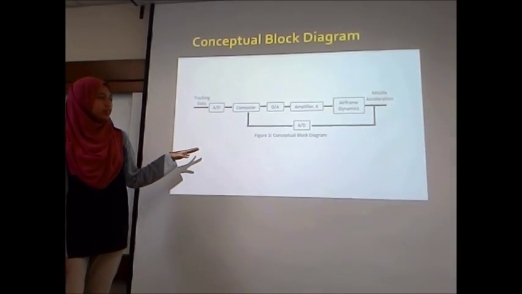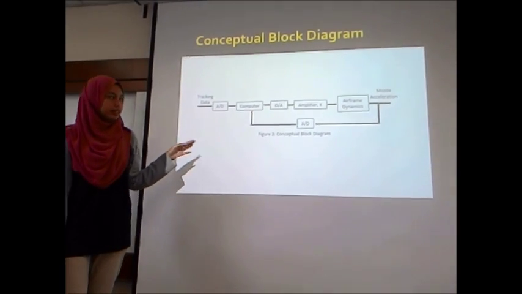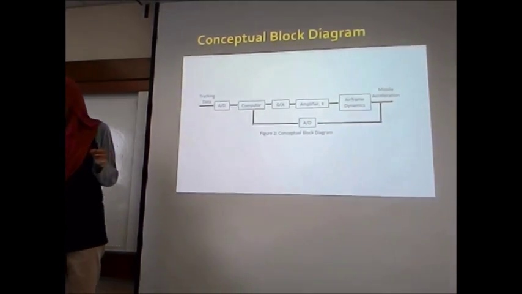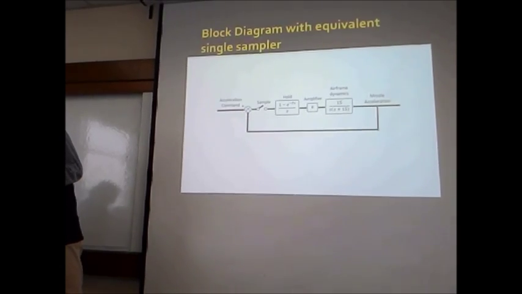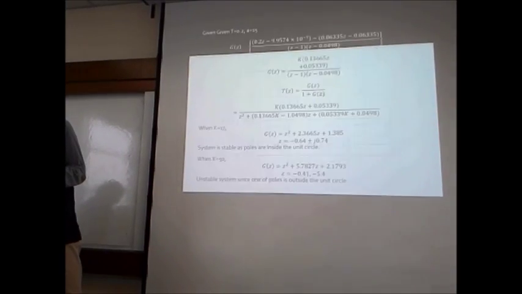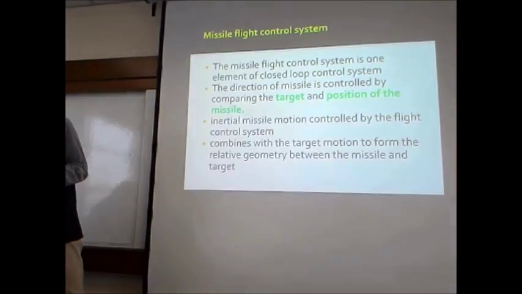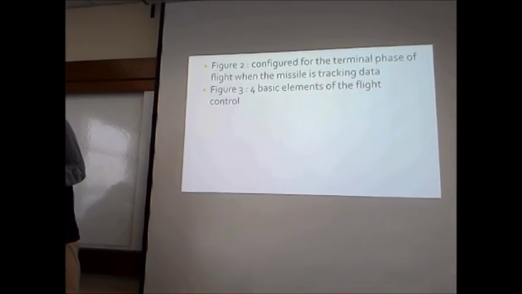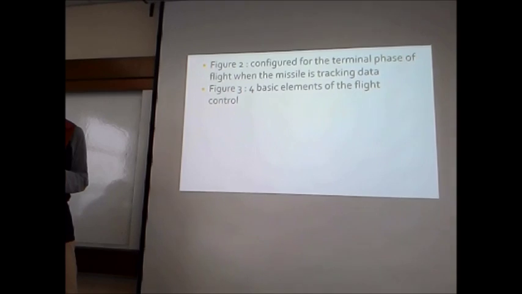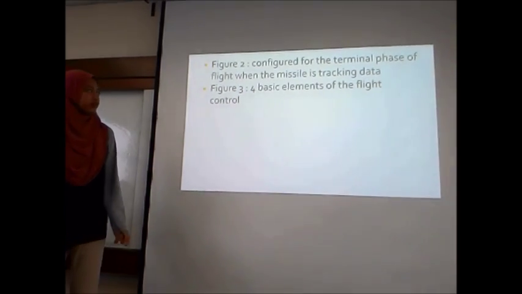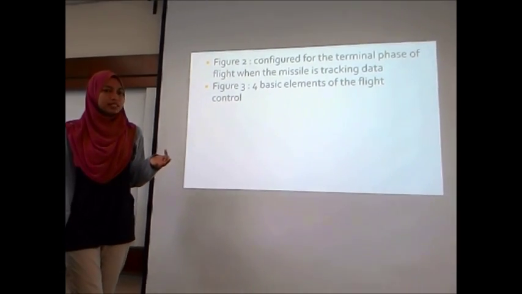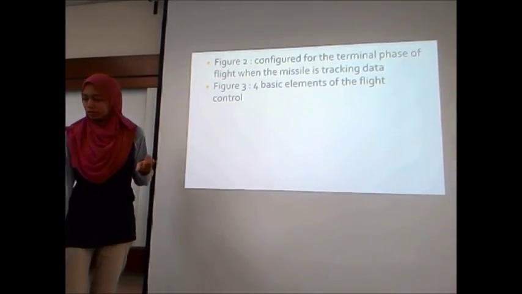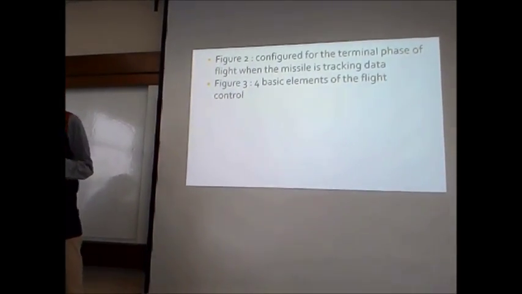It's actually a phase for tracking the direction motion of the missile. And Figure 3 shows the 4 basic elements of the flight control system, which consists of aerodynamics, sensor, actuator, and also controller.